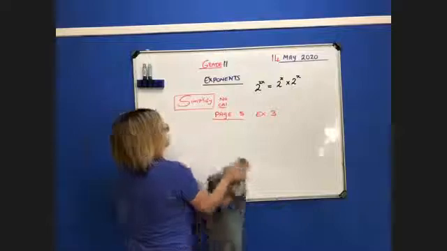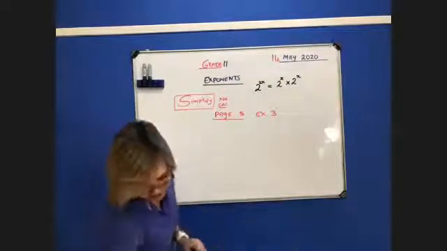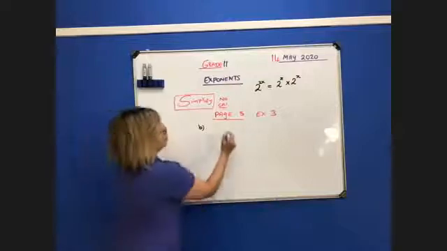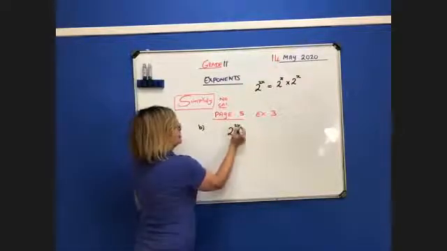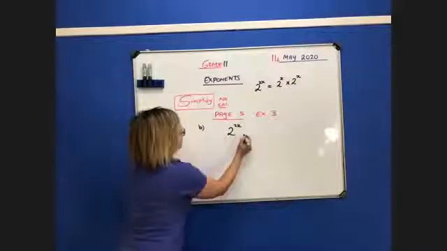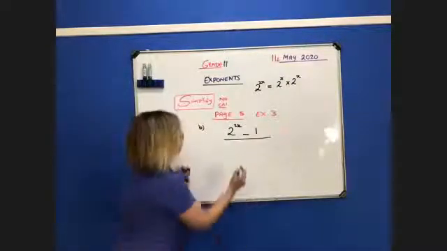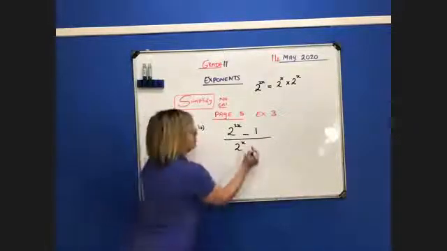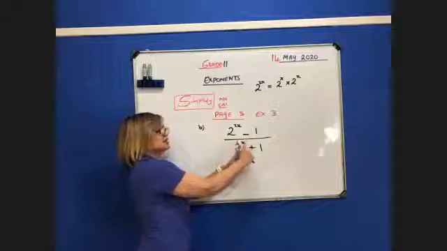If I stay with exercise 3, number B said 2 to the 2x over 2 to the x plus 1. Now, do you see this index?